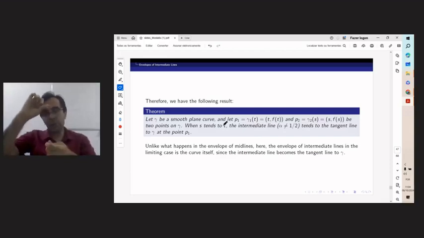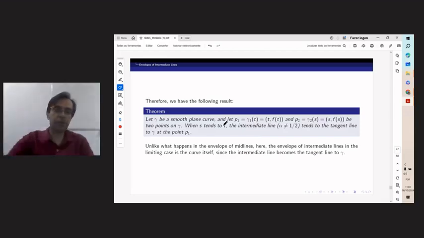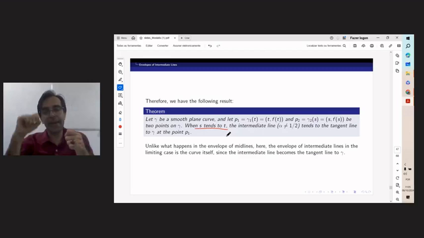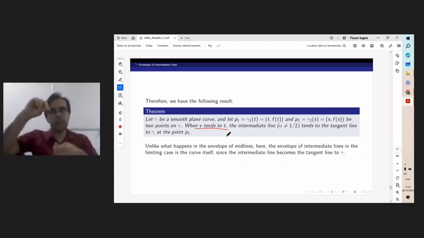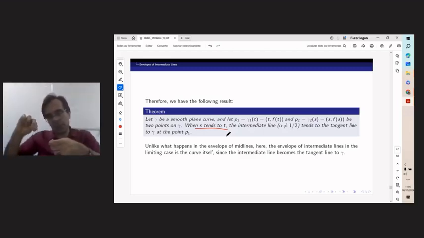And we have this theorem that says that when we have 2 points, P1 and P2, P1 is parameterized by T, P2 is parameterized by S, and we try to tend S to T. This means that these 2 points are going to coincide.